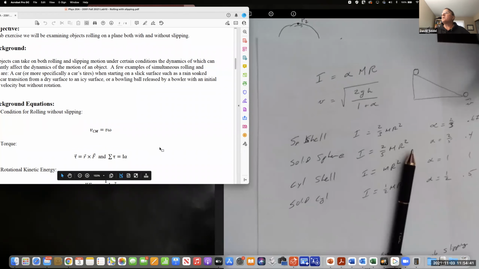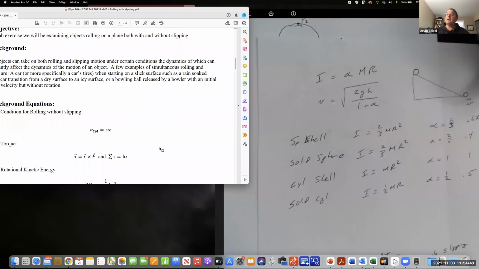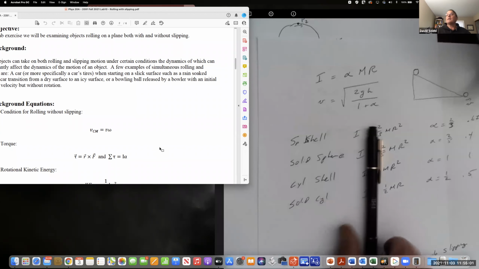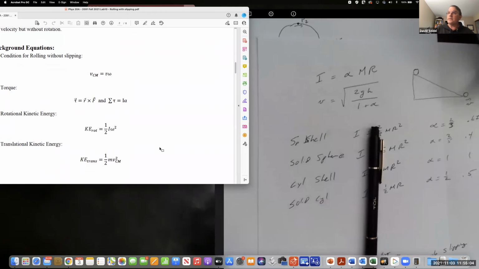Okay, the torque is going to be the force of friction, sometimes kinetic, sometimes static, times the radius. R cross F, and that equals I alpha. Rotational kinetic energy, remember, is 1/2 I omega squared, and the translational kinetic energy is 1/2 m V center mass squared.